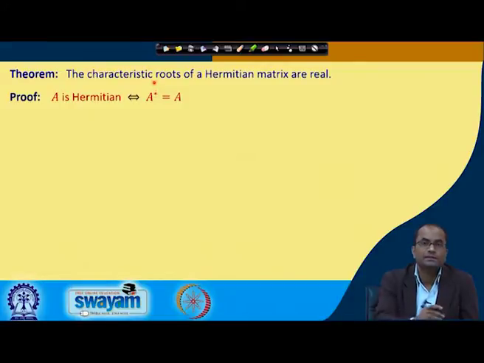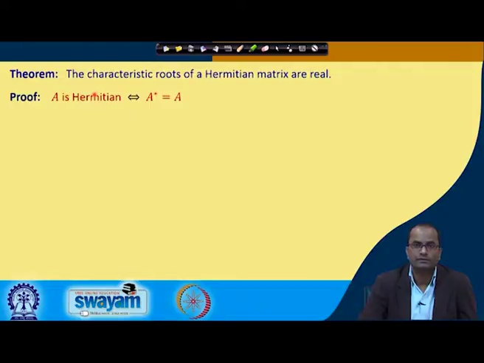The star means that we are taking the transpose and also the complex conjugate of the matrix A. So, if the complex conjugate of this transpose is equal to A, then we call A a Hermitian matrix. So, what is this result? For Hermitian matrices the roots are real, because we have also seen that though a matrix may have all real entries, we can get characteristic roots that are complex numbers.